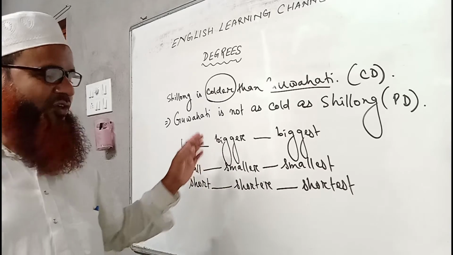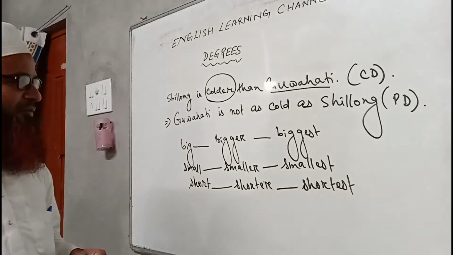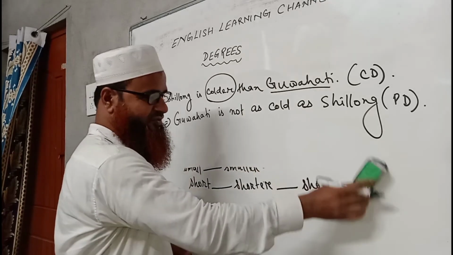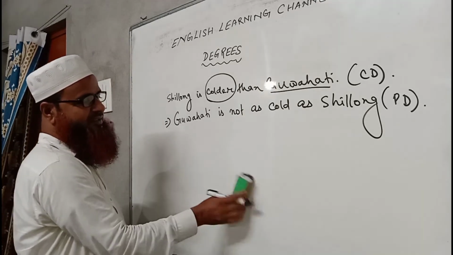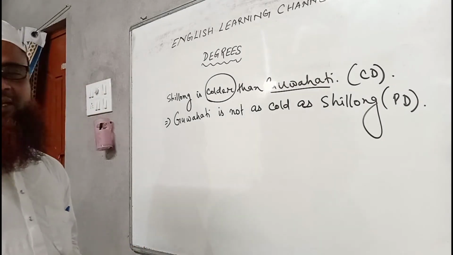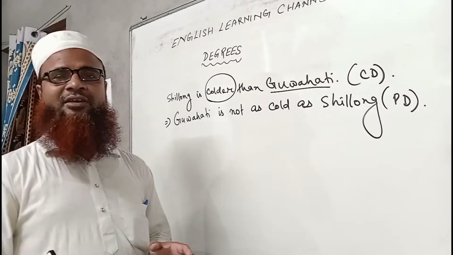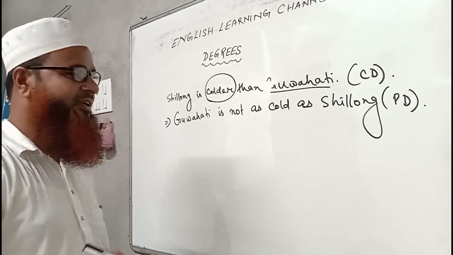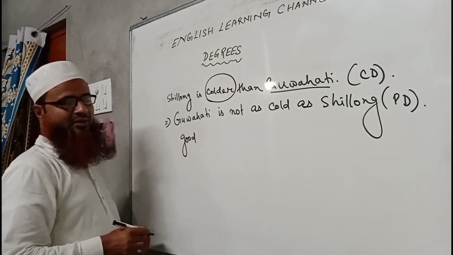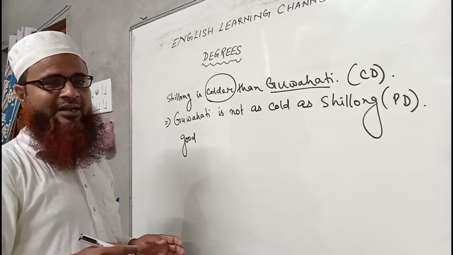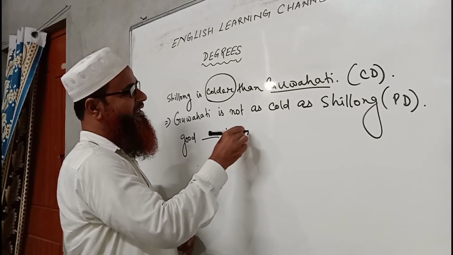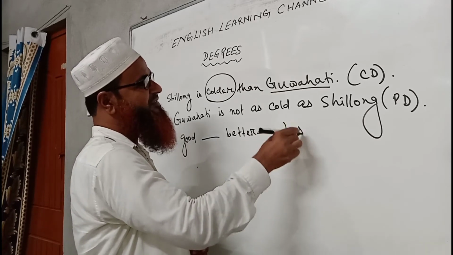But there are some other words which have their own forms. They are always irregular, and they do not abide by any rules. Like good: you can never write "gooder" or "goodest", but you have to write better and best.